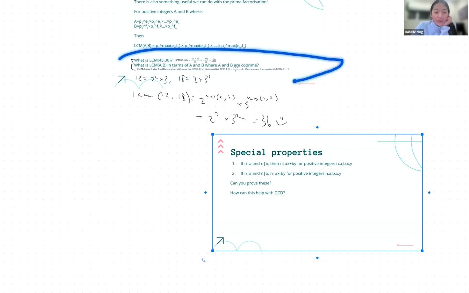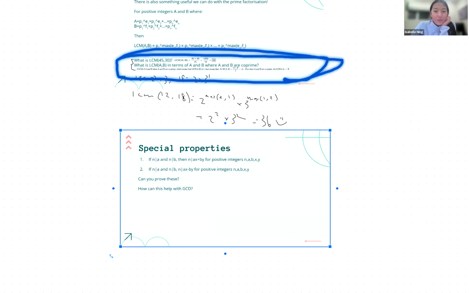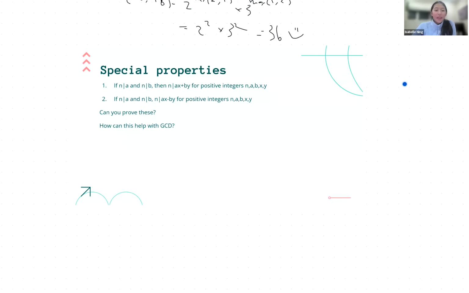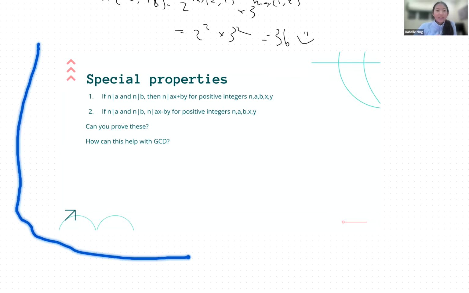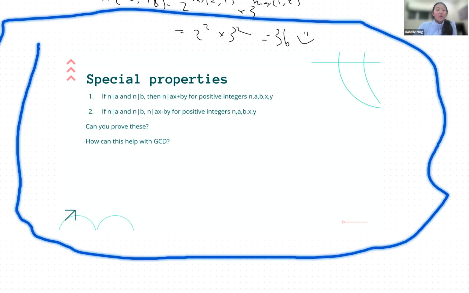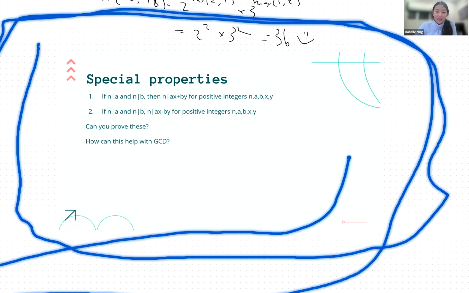Okay, so the special property is: if n divides A and n divides B, then n divides AX plus BY, where A, B, and n are all positive integers, and X and Y are just some positive integers. So basically we want to prove that if n divides A and n divides B, then n divides this expression for any X and Y that are positive integers.